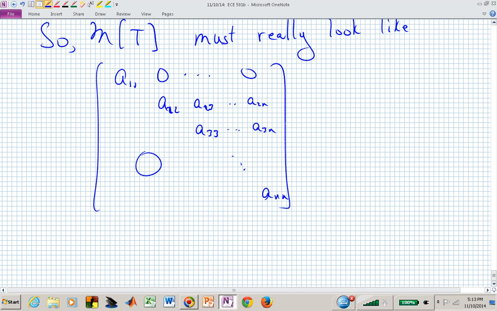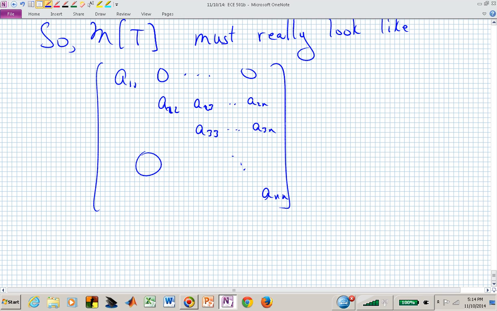But now can you see we can just continue this process? Meaning we showed it for the top row. Now let's just do the same thing for the second row. And we're going to conclude that all those off-diagonal terms in the second row must be 0.